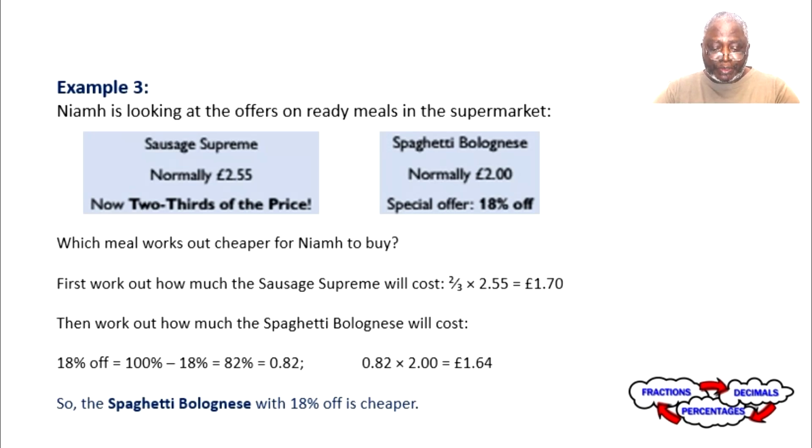Convert that to a decimal, and then you can work your sum. 0.82 times £2 is 1.64. That way you can easily tell that 1.64 works out cheaper, which is the spaghetti.